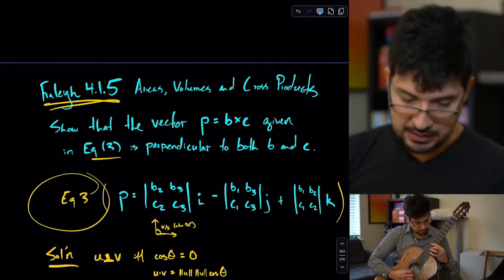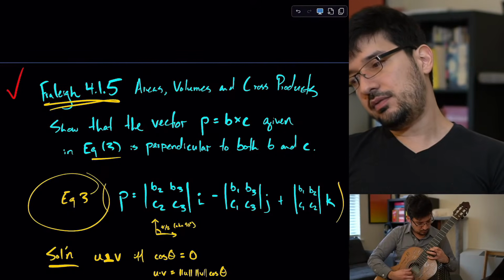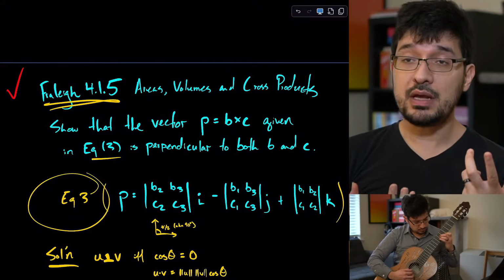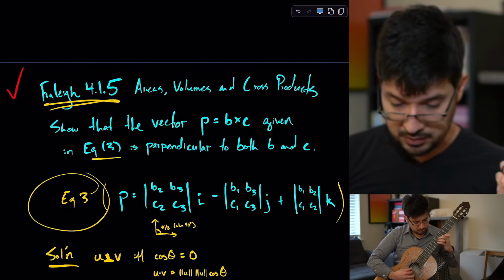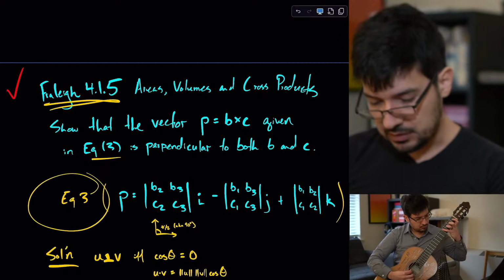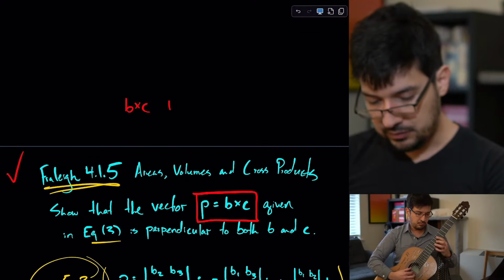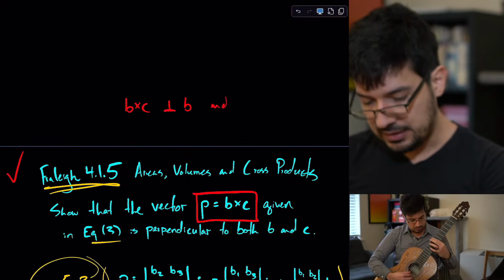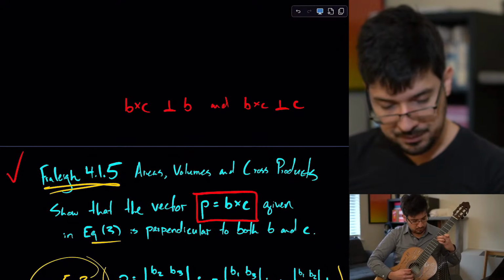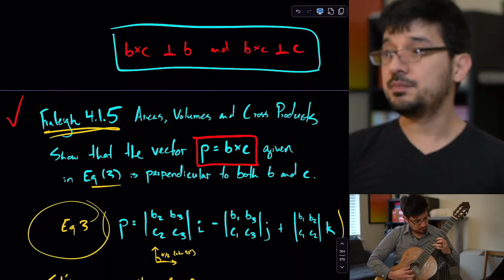So I think this is a pretty cool problem because it is more conceptual. We didn't work with concrete numbers this time. We showed that the cross product of any two vectors, B cross C, is orthogonal to B, and B cross C is orthogonal to C. This is a cool little property that we just showed is always true.